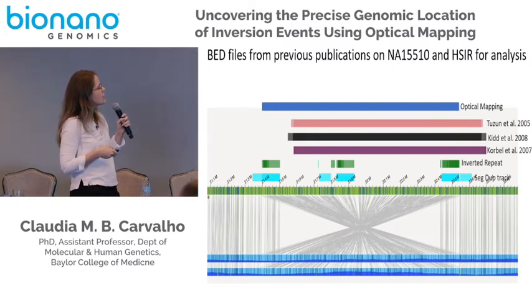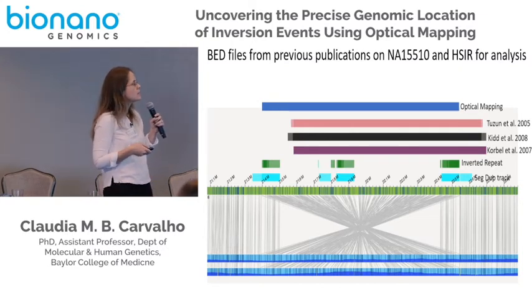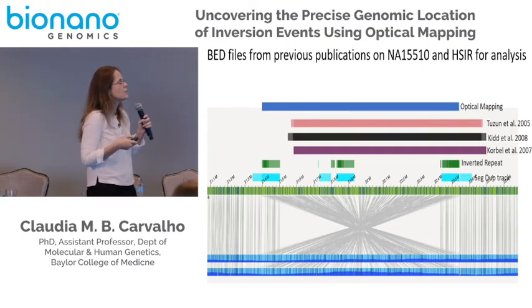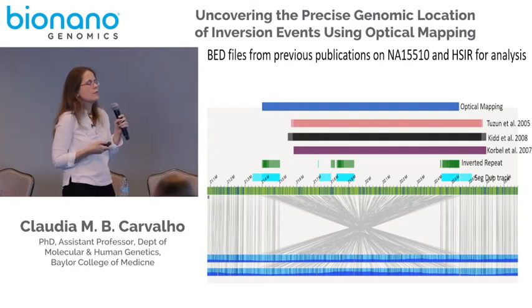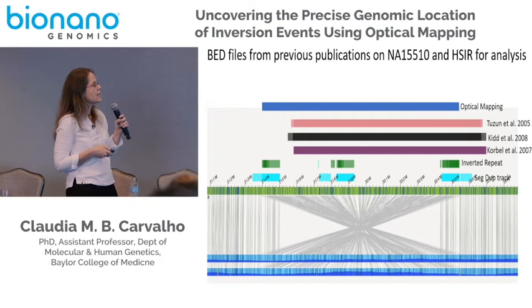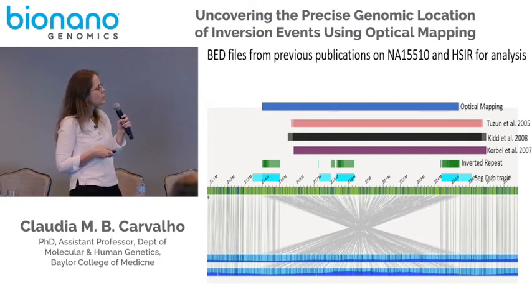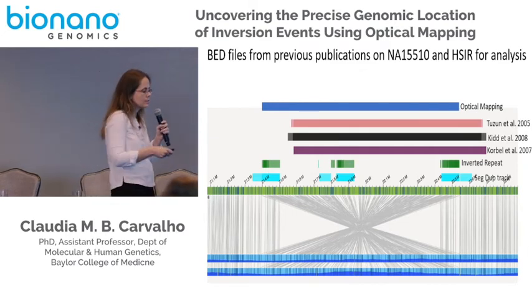So we can see a discrepancy: despite all of the technologies finding an inversion, the junctions are not precisely mapped. And this is expected because this technology that they used cannot really cross the junctions. Fosmids are like 45 kb, and the size of the repeats here is about 200 kb. So it's not possible to cross, so they probably only found one of the junctions.